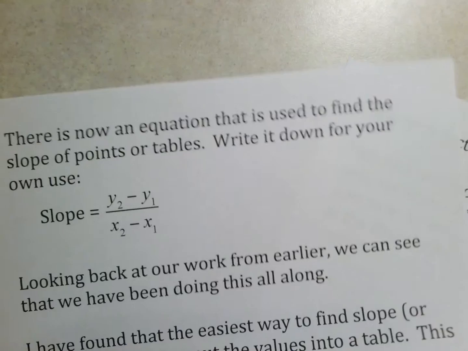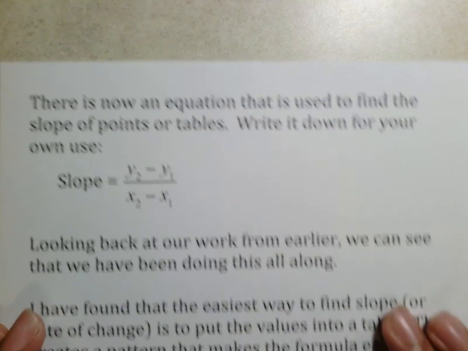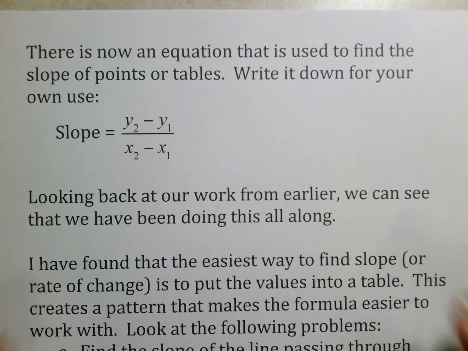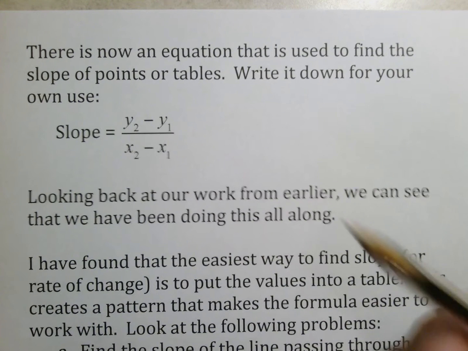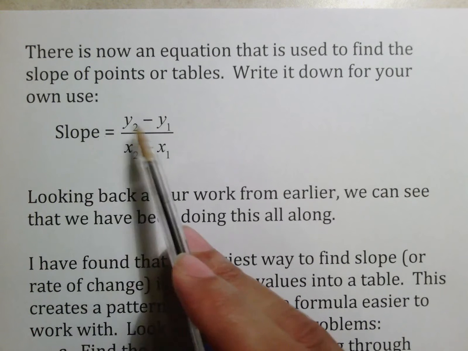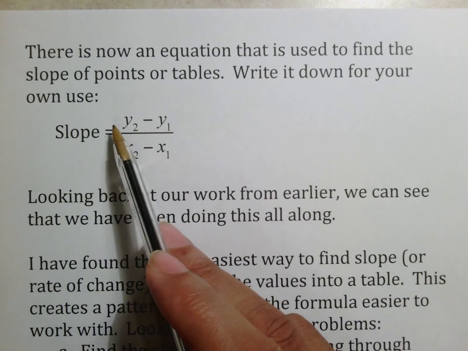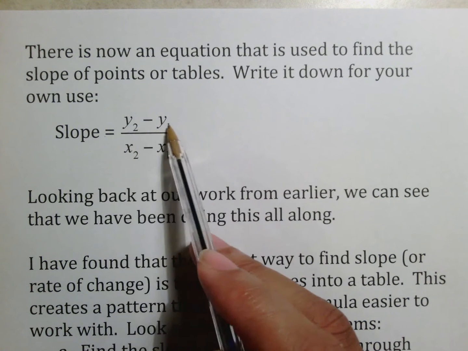But now the difference is that there is actually an equation that is used to find the slope from the points on the tables. So write this formula down for your own use with the little extra notes that I give you. The slope, or the rate of change, is equal to y2 minus y1 over x2 minus x1. These are called subscripts.